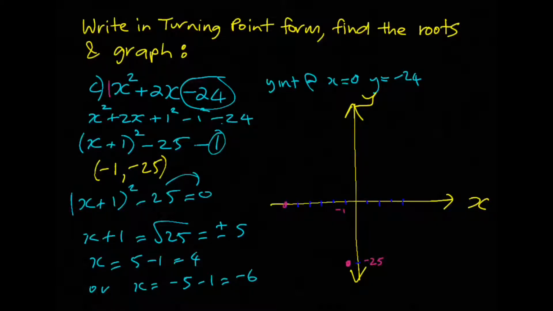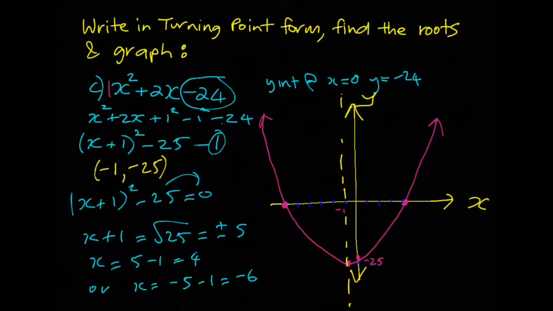So these are our x-intercepts. And then we've got y equals -24 y-intercept. So we go ahead and draw that, and it's going to be symmetrical about our turning point, and that's what it looks like.